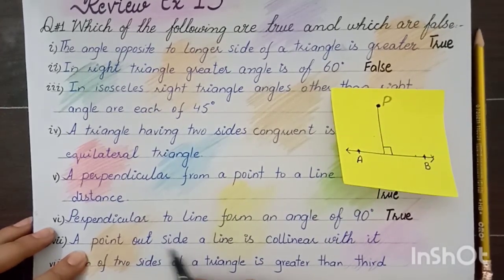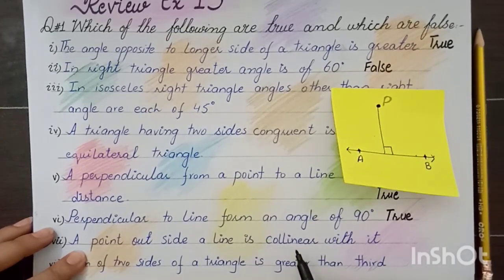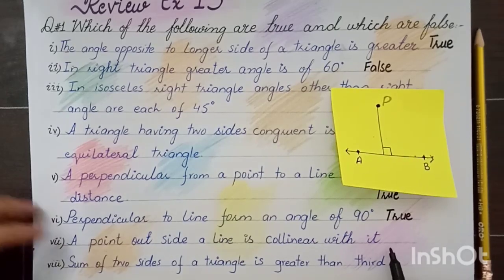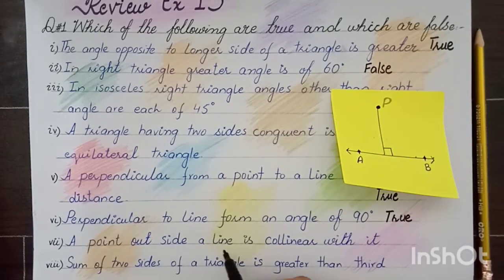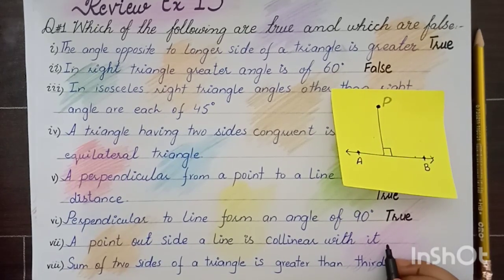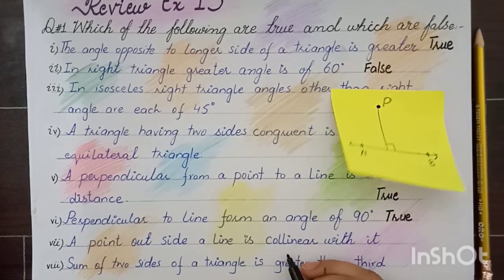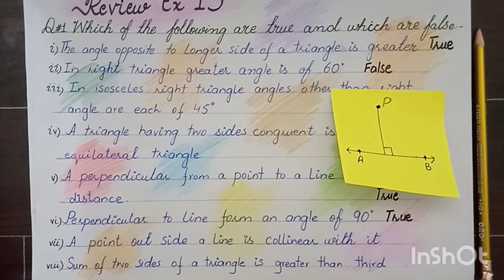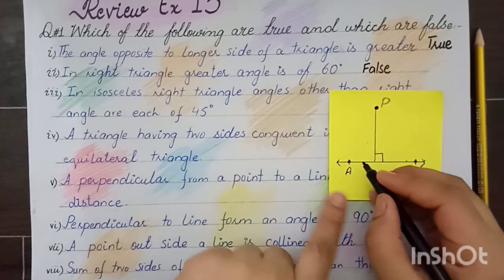My next point is, a point outside a line is collinear with it. With the help of the definition of collinear points: collinear points are those points which lie on the line.